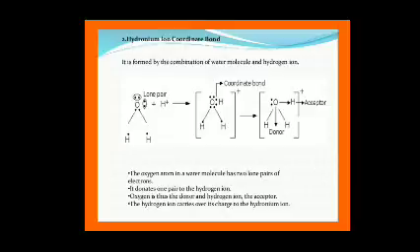Hydrogen ion has one empty orbital in its valency shell, so it acts as the electron pair acceptor. The water molecule acts as the electron pair donor. One pair of electrons is donated from the water molecule to the hydrogen ion. Then a coordinate covalent bond forms between water and H plus ion.